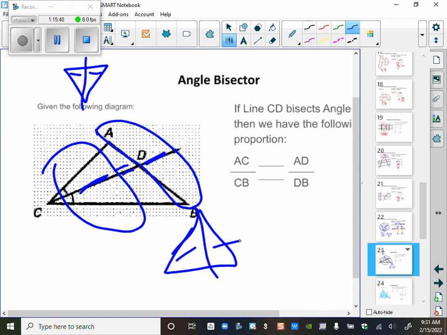Boom, boom, there you go. There's your one ratio, there's the other. Set them equal, you're on your merry way. So it could be this way, or it could be that way. And I think for both of our problems, one's gonna look like this, one's gonna look like that, and I'll show you.